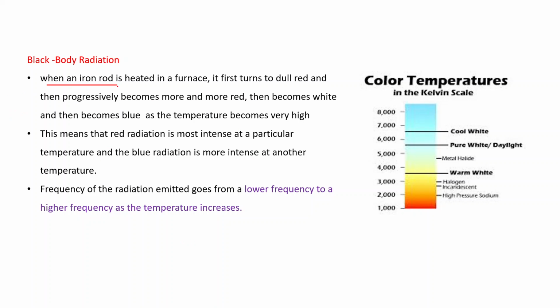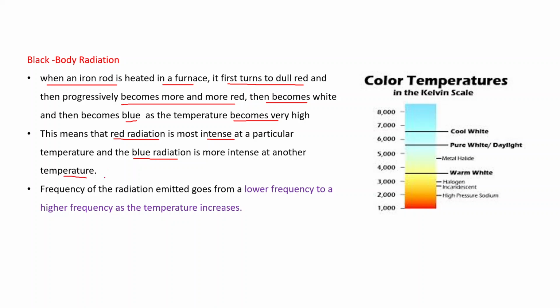When an iron rod is heated in a furnace, it first turns dull red, then progressively becomes more and more red, then becomes white, and then becomes blue as the temperature becomes very high. This means that red radiation is most intense at a particular temperature and blue radiation is more intense at another temperature.